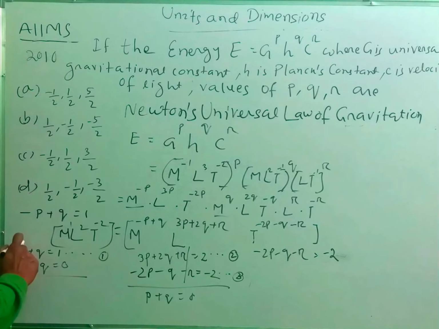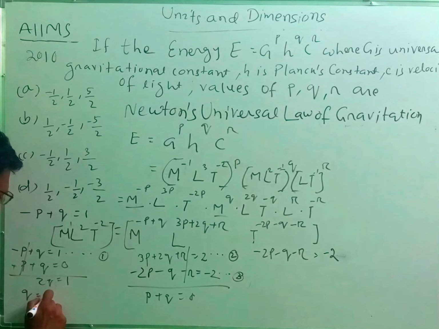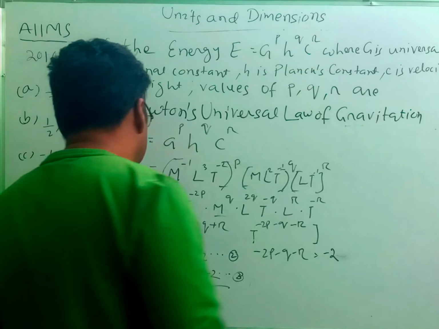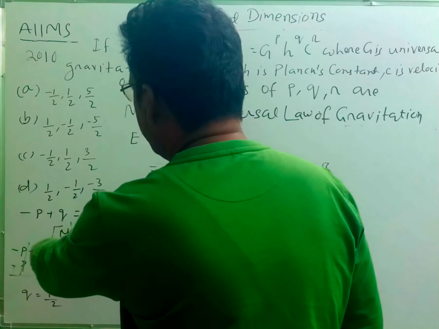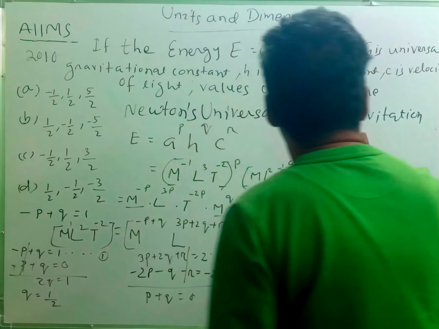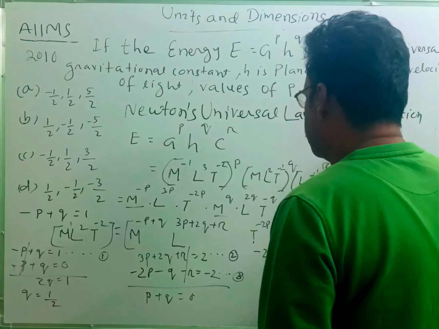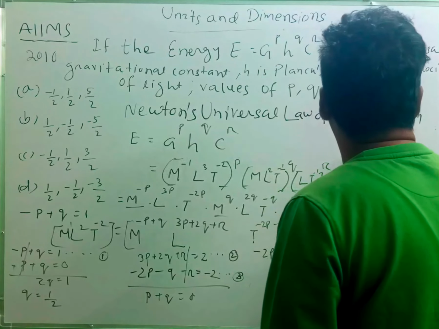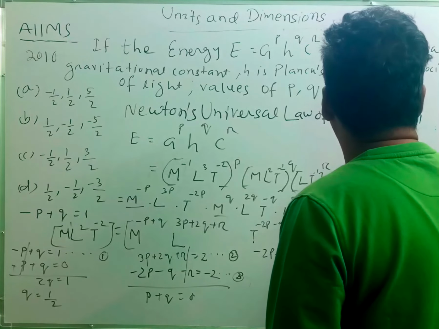So student, on adding these two equations, minus p and p cancel out, twice q is equal to 1. So q is equal to half. And what is p? We have obtained the relation p plus q is equal to 0, or p is equal to minus q.